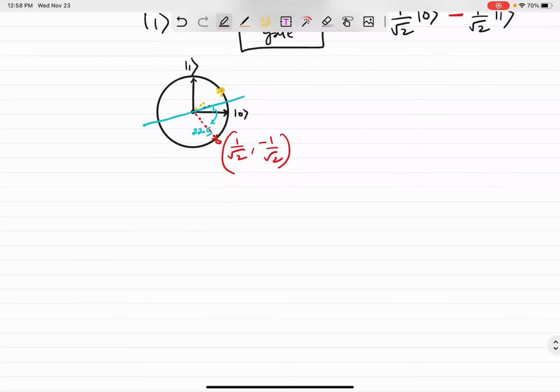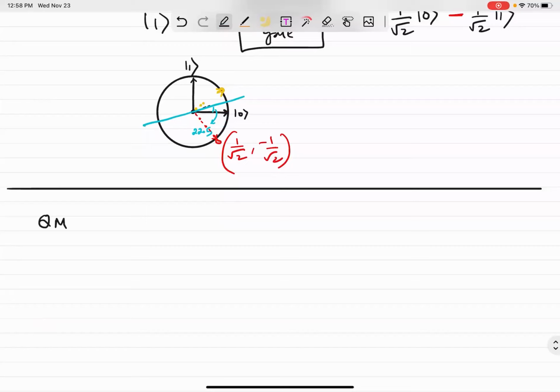Okay, but before we go there, let me actually state the law that we really need. Okay, so for what kind of measuring devices can we build, right?